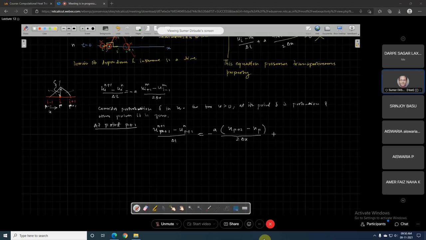So what you see here is minus a times u at p plus 2. The property of this delta is that at all other points it should be 0. So at p plus 2 it should be 0, and at p it is a delta, so it should be a delta divided by twice delta x. So this should be equal to positive a delta divided by twice delta x.